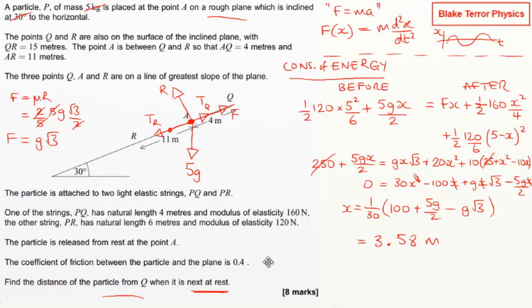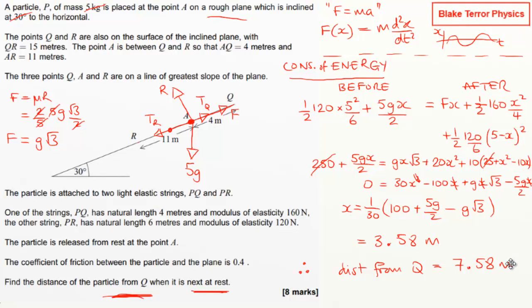Right, so what did it actually ask for? Let's just check. Find the distance of the particle from Q. Right, so we've measured x from A and we need it from Q. So therefore distance from Q equals, we add on 4, so 7.58 meters.